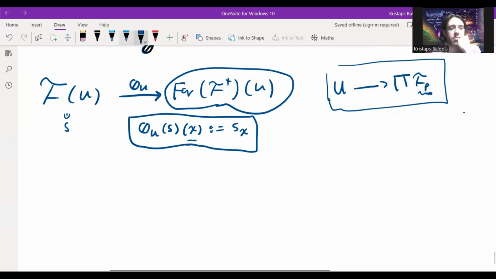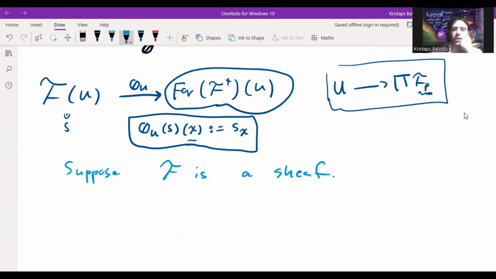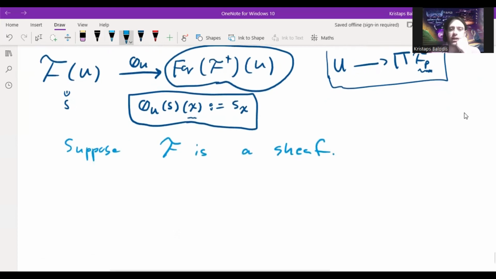And let's suppose now that F is a sheaf. Then I claim that theta is an isomorphism.